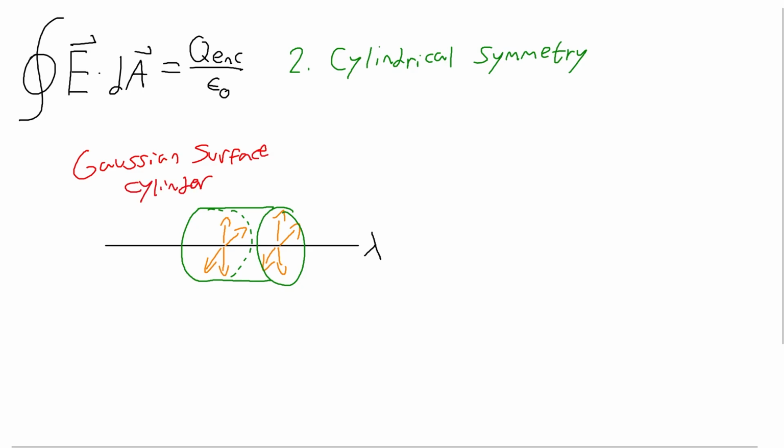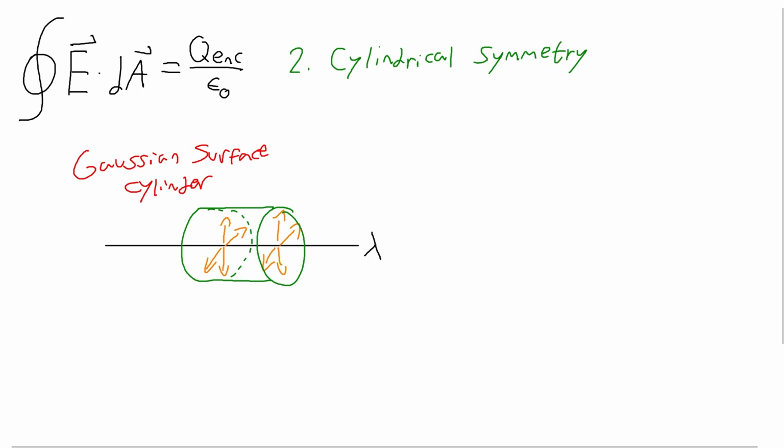But you have to be careful. Something that we didn't have to think about in our last problem is the electric field isn't perpendicular to the surface at all points. On the curved surface of the cylinder, it is perpendicular at all points. On the end caps of the cylinder, the electric field is parallel.